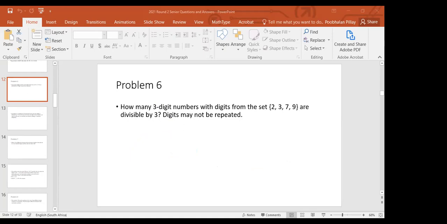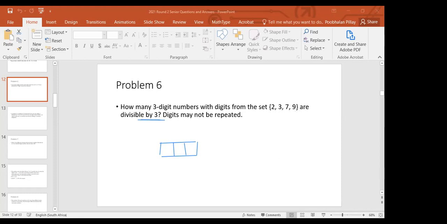Okay, so we need to find 3-digit numbers. So let's just put the hundreds, tens, units here. We'll box them in like this. So we have to put 3 digits taken from 2, 3, 7, 9. Now you want it to be divisible by 3.